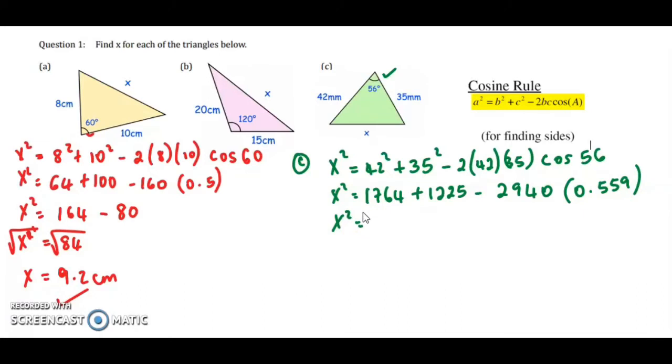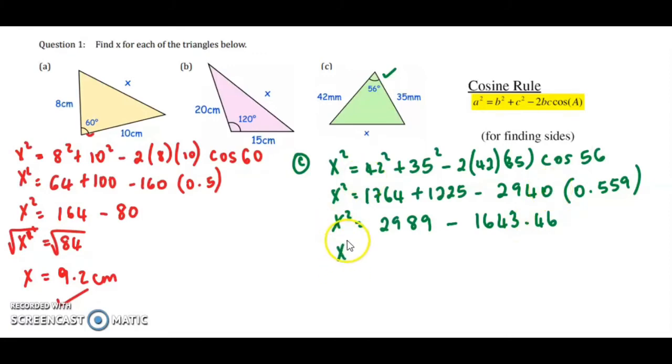1,764 plus 1,225. That is 2,989. Now you're going to take away 2,940, you're going to multiply, that is 2,940 negative times 0.559. You're going to get a negative answer, and that is 1,643.46.